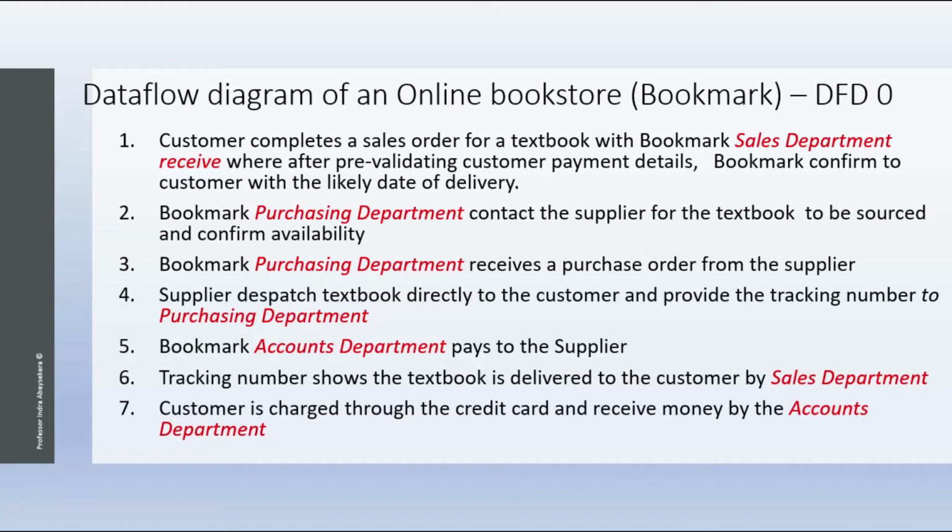Now we are going to expand that into a number of manageable processes. To do that, we need additional information. So I have taken the same information, but I have now added additional information to make it more detailed so that we can come up with the next level of the diagram.